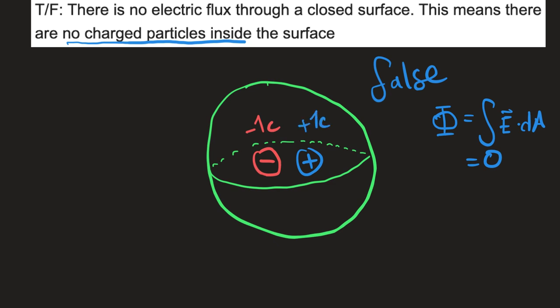This would lead to a situation where you indeed have no flux, but there are some charges inside. The equation is that Q enclosed in a Gaussian surface over epsilon naught is equal to the flux. And if the net charge enclosed is zero, then the flux is zero.